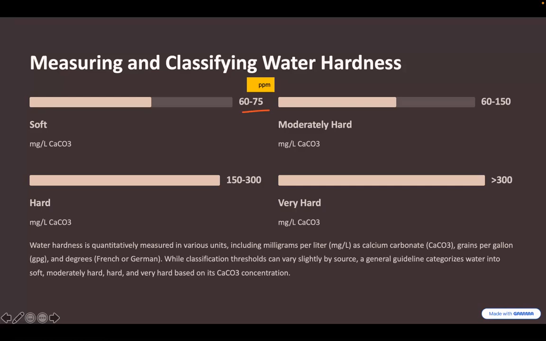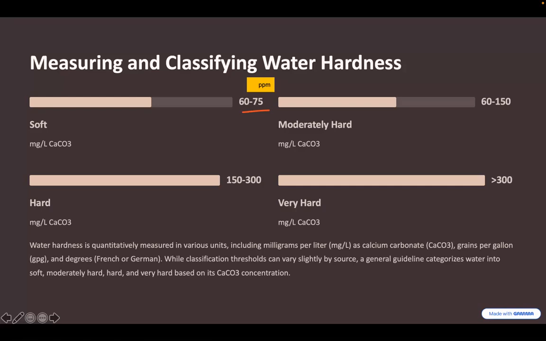Those calcium and magnesium salts of fatty acid are insoluble in water, and so they consume the soap. That's why the soap consuming capacity of water is called hardness.